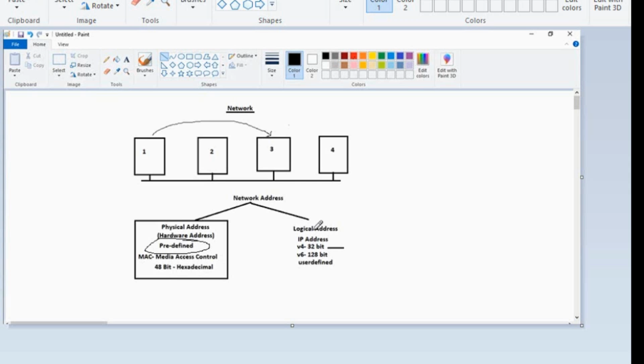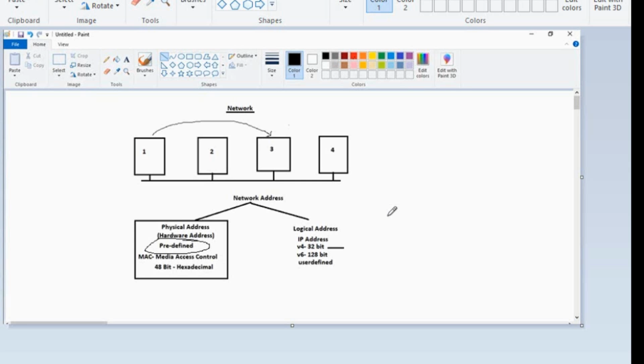As you can see right now, there is a logical address. What do we mean by logical address? For example, if you choose your mobile provider, it could be T-Mobile or AT&T. The logical address is the same explanation as the provider. It is IPv4 or IPv6.